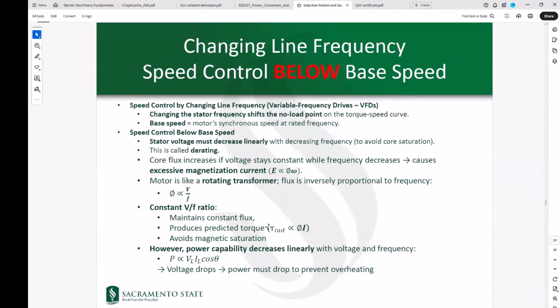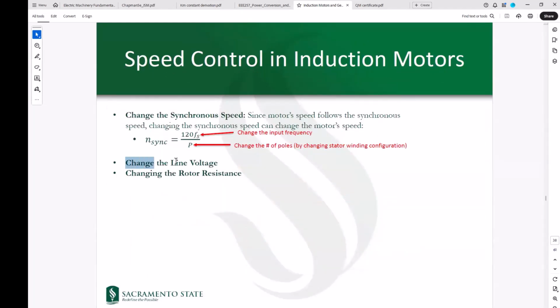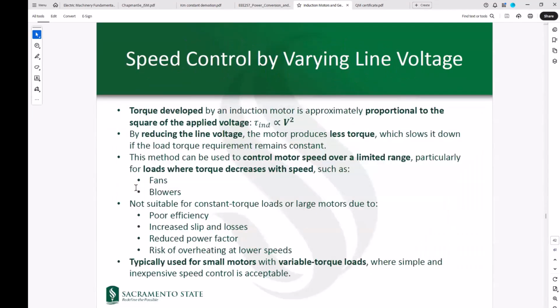So now let's go to changing the line voltage. We changed the frequency using VFDs. How about changing the line voltage? The torque developed by an induction motor is approximately proportional to the square of the applied voltage. So tau induced would be proportional to V squared.